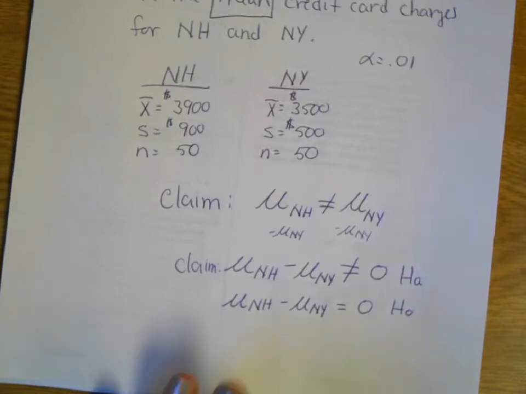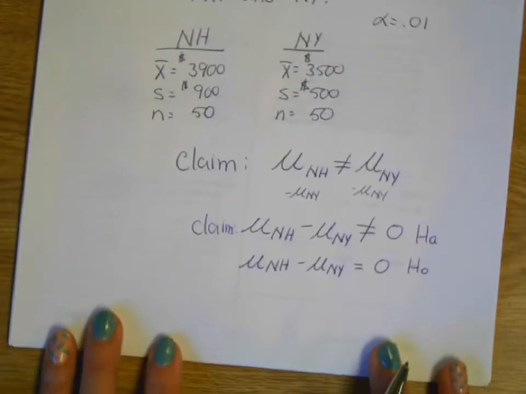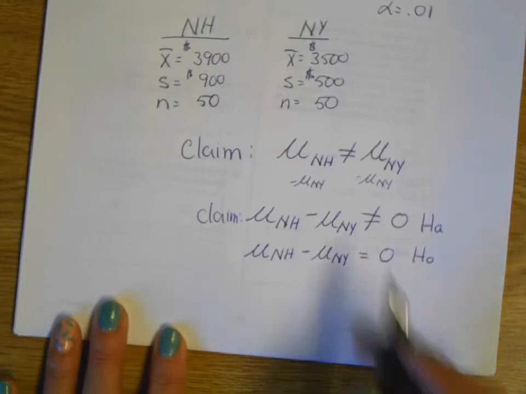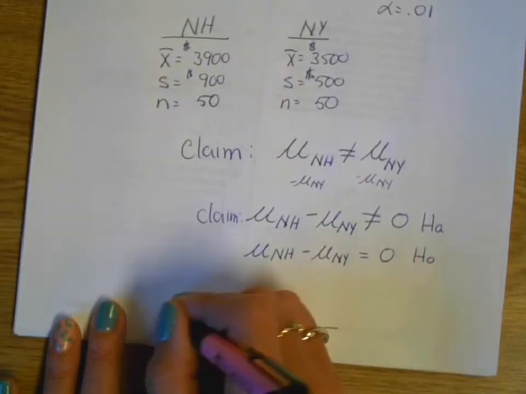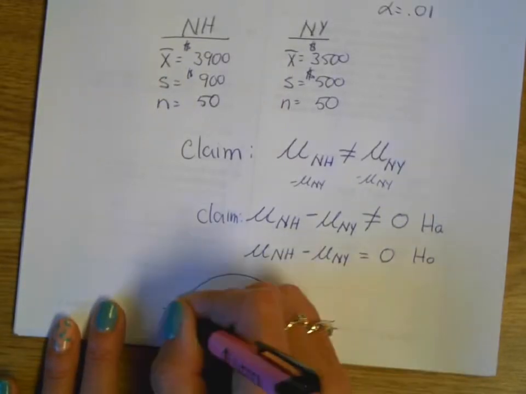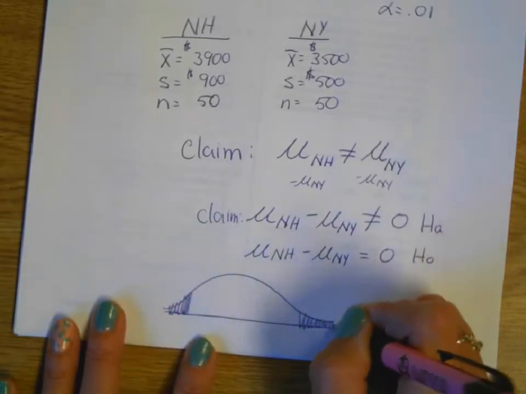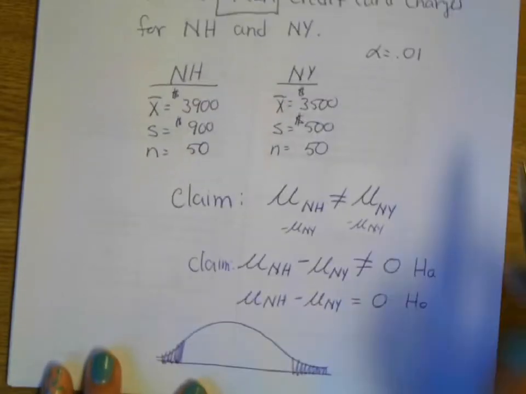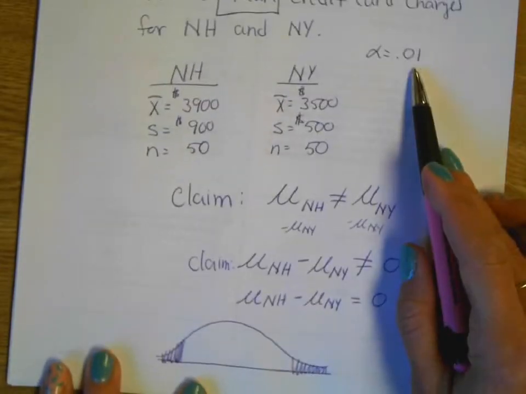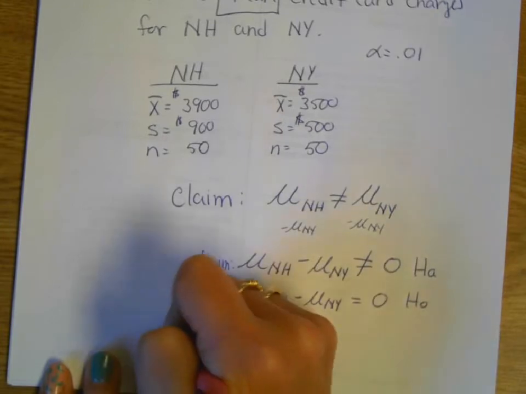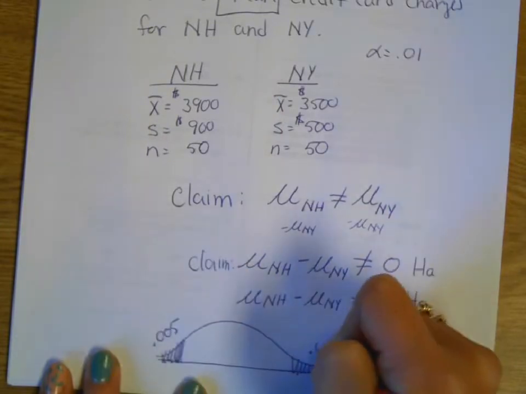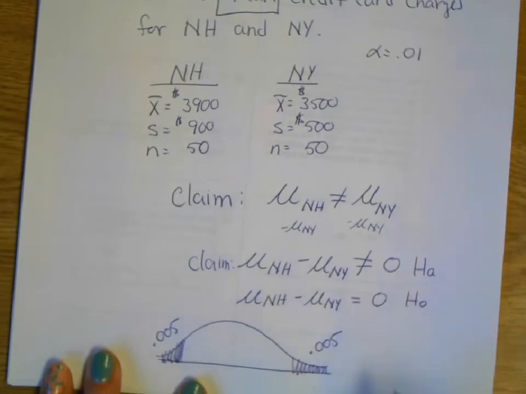Okay, now we're ready to sketch the rejection regions and find the critical values. What kind of test are we doing? Left tail, right tail, two tail? Two tail. How much is shaded in each one if our alpha was 1%? 0.005.